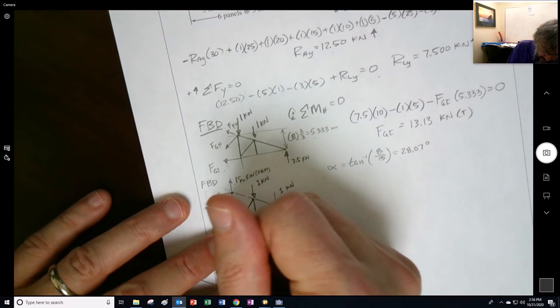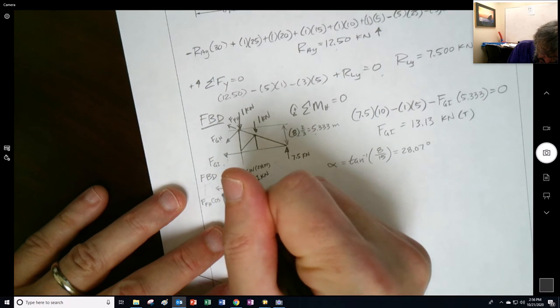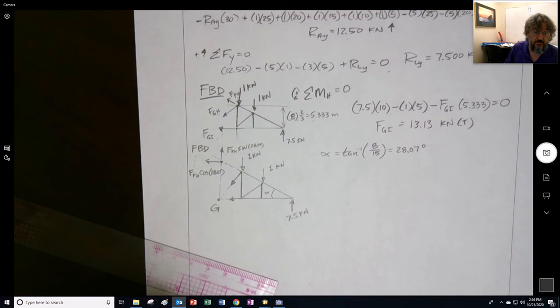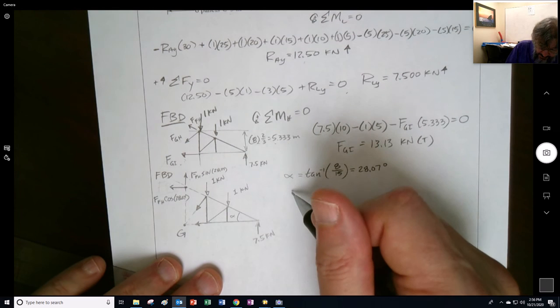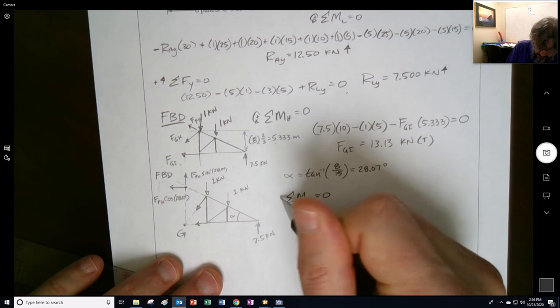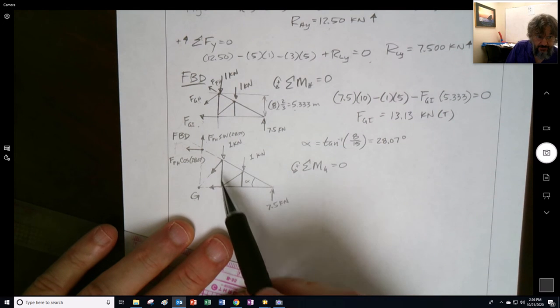And then this guy right here is going to be FH times the cosine of 28.07 degrees. So what you end up with, if you take the sum of the moments about G right here, we've effectively gotten rid of this guy that we don't know. We got rid of this guy too.